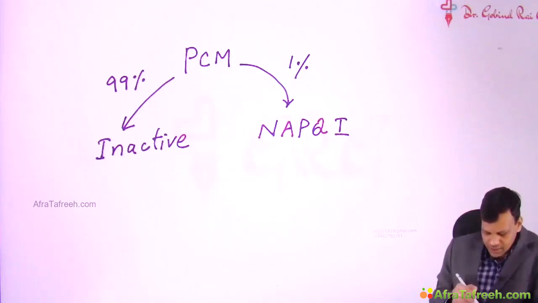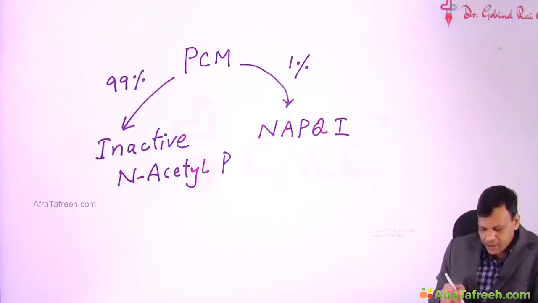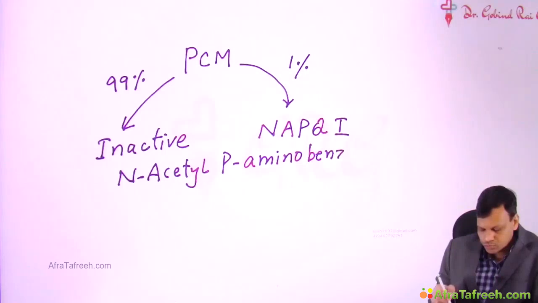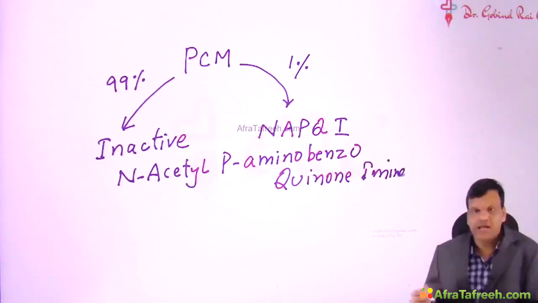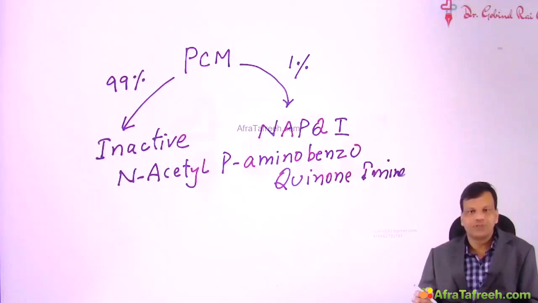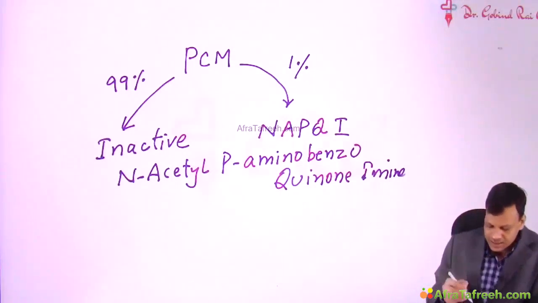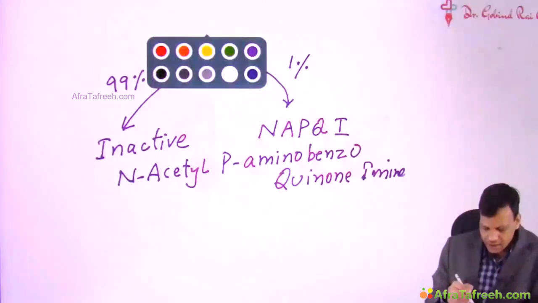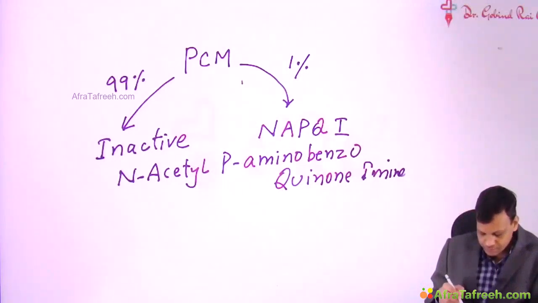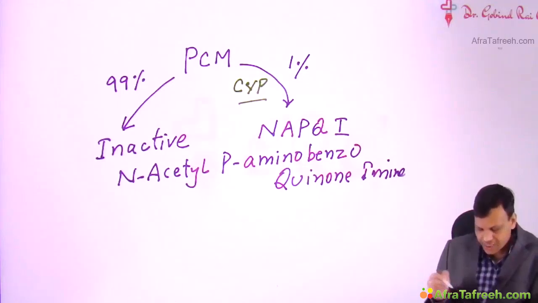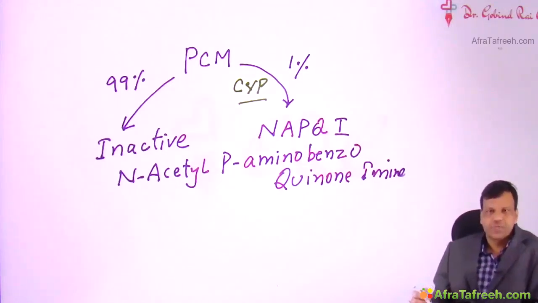The full form is N-acetyl para-amino benzoquinone imine, and this reaction is catalyzed by a microsomal enzyme. CYP enzyme or microsomal enzyme catalyzes this reaction.